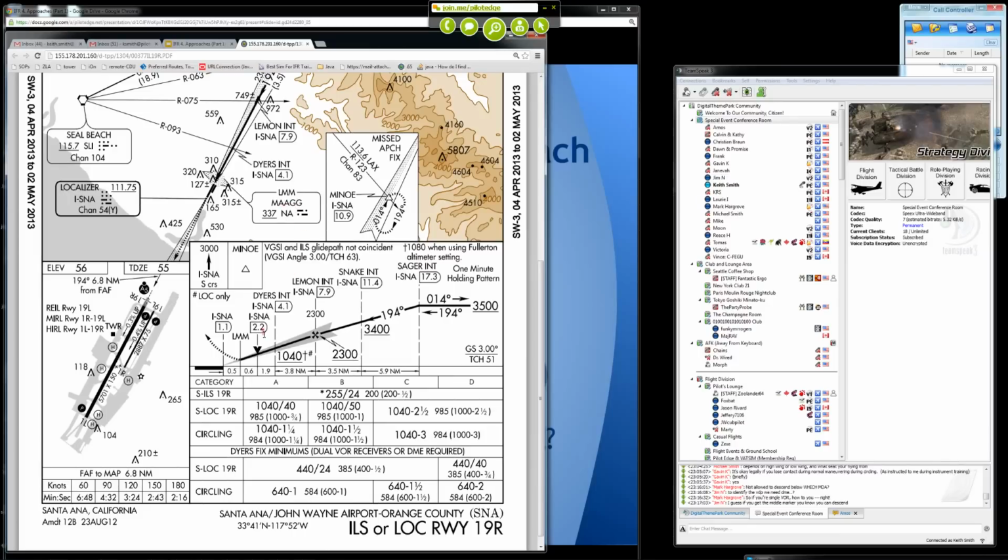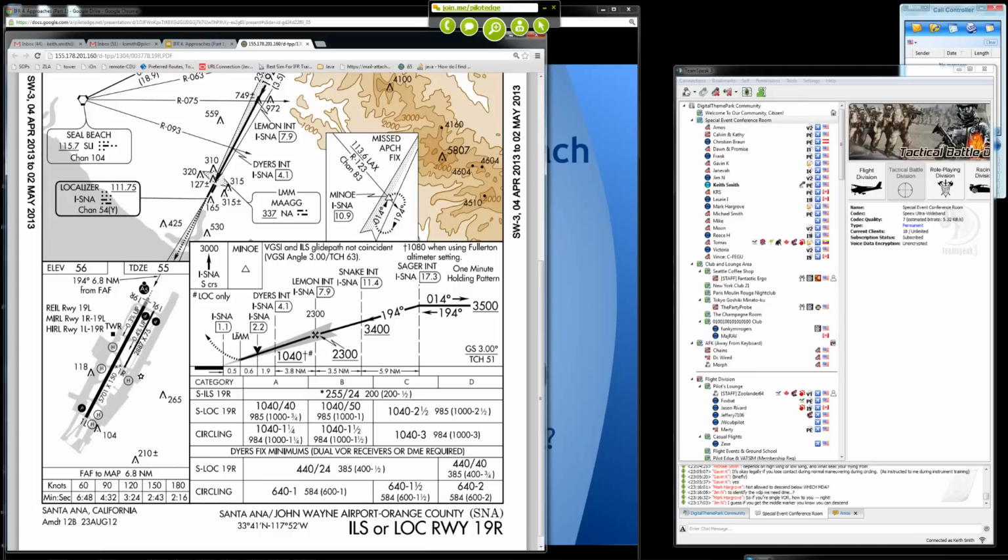So if you were to load this approach into your GPS, it would very likely have MAGG on the approach. So then the question becomes, even if the VDP isn't specifically listed on your GPS, if you know your distance from MAGG, then you'll know when you've crossed the VDP. That's what these little segment distances are for. So the VDP is 0.6 nautical miles outside of MAGG.